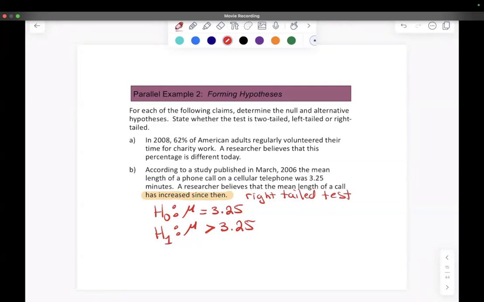I think it's probably true because most people don't make phone calls unless what they have to say is too long to text these days. Those are the only phone calls I make, like to a doctor's office, or if it's too long to text. You agree with me, don't you, Hannah? So then you have to talk longer than three and a quarter minutes because you're like, I'm not going to text this whole thing. Yeah, exactly.